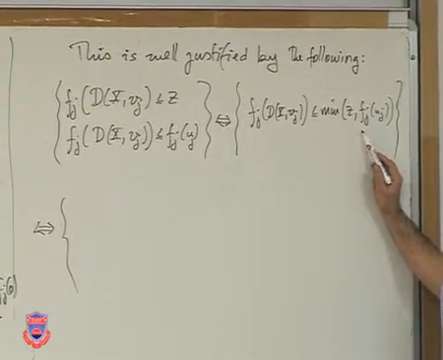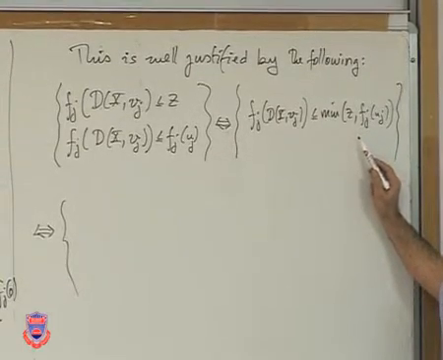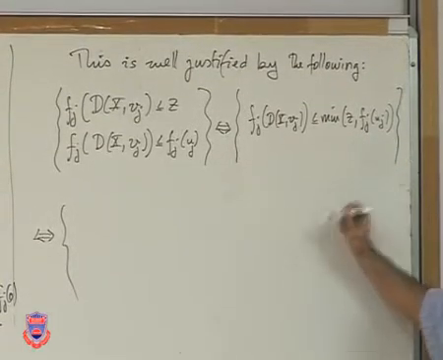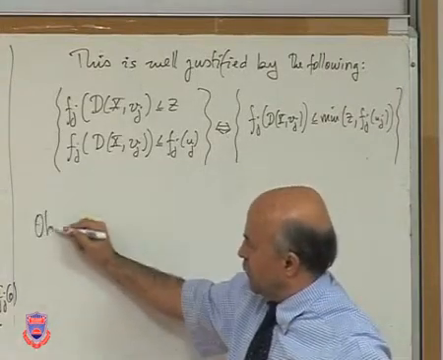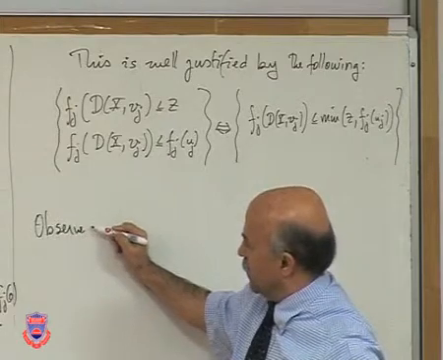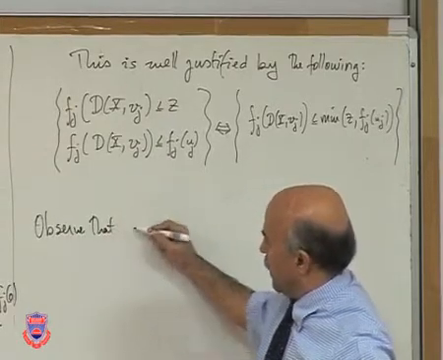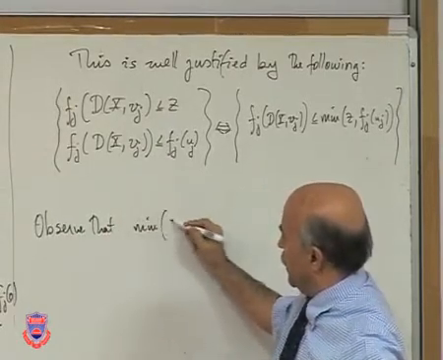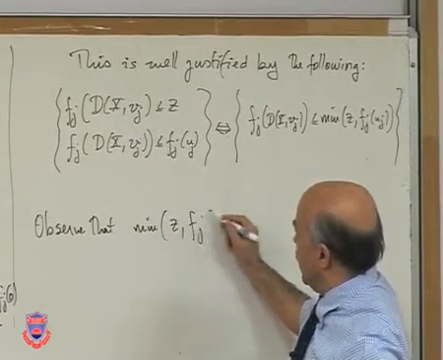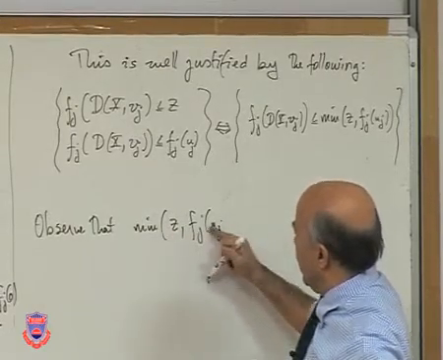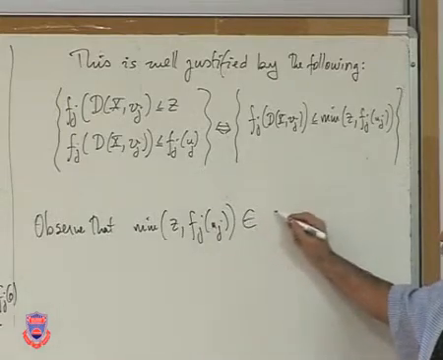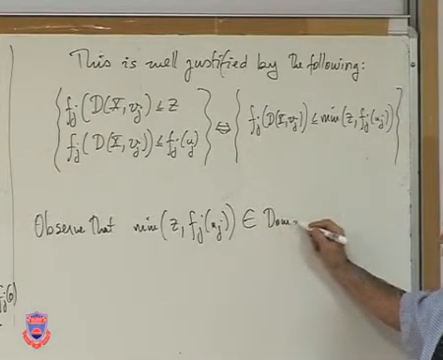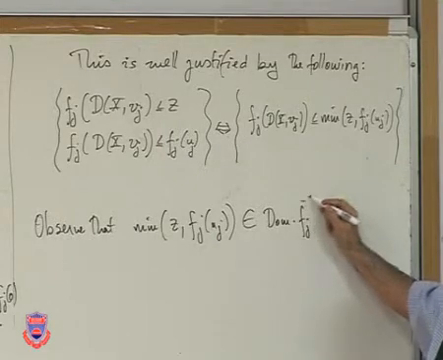Does everybody agree with that? This number is always in the domain of fj inverse.